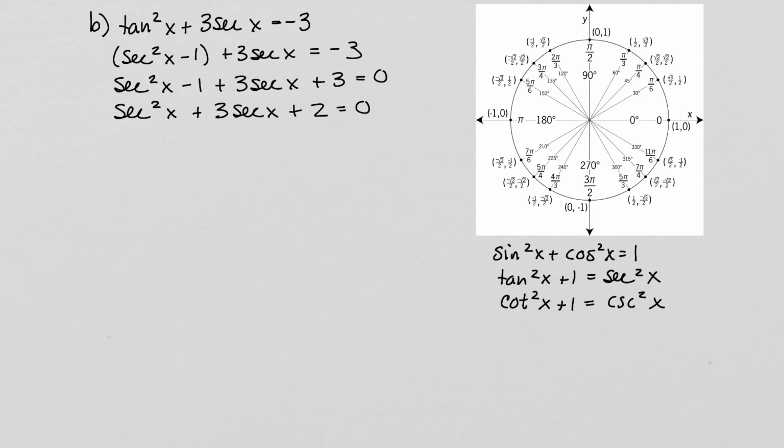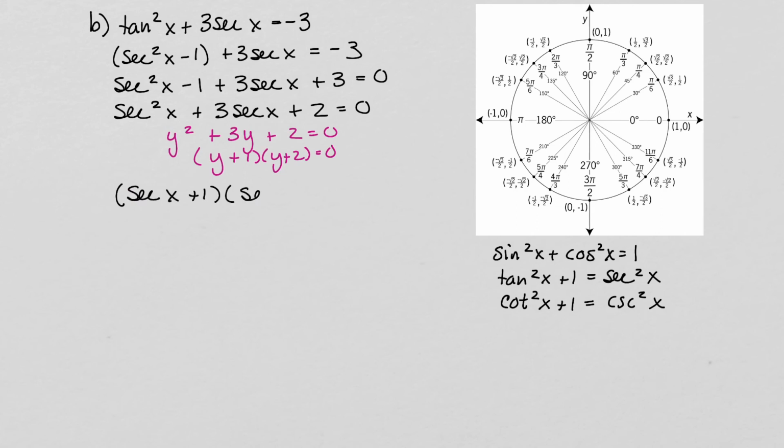And again, I can use my trick, so I'm trying to factor y squared plus 3y plus 2 equals 0, or y plus 1 times y plus 2 equals 0, which means my trig equation factors into secant x plus 1 times secant x plus 2 being equal to 0. So secant x plus 1 equals 0, or secant x plus 2 equals 0.